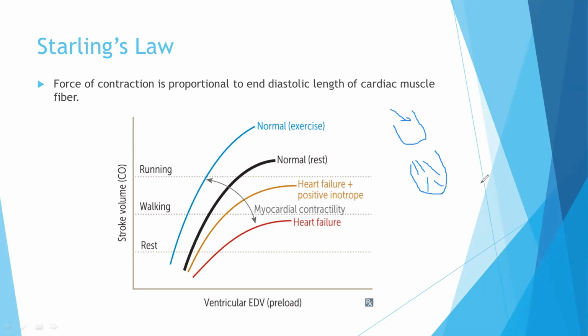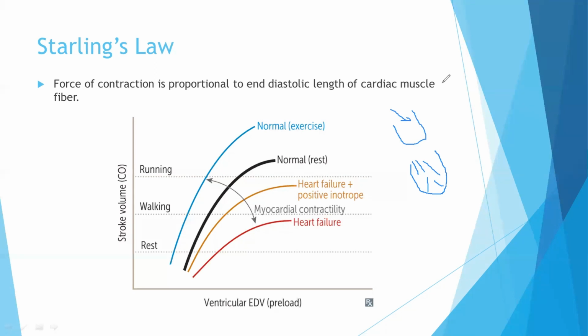Now, Starling's law suggests that the force of contraction is directly proportional to the end-diastolic length of the cardiac muscle. Yes, there is a limit. There is a limit towards contraction, and there's a limit towards the dilation capacity. If the limit is reached, then the force of contraction will be maximum with maximum dilatation. Now, this image you need to refer to with the Starling's phenomenon, right?